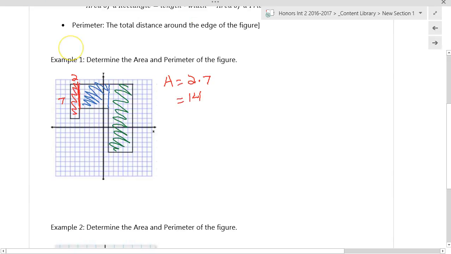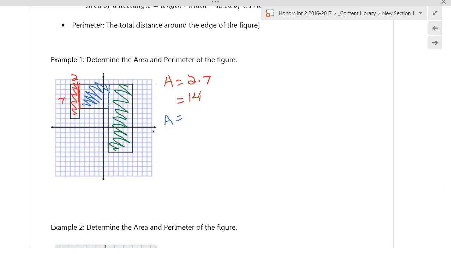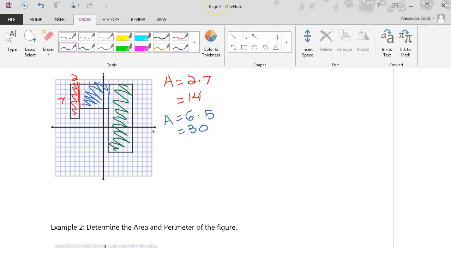Finding our blue rectangle, the area equals 6 times 5, so that's 30.